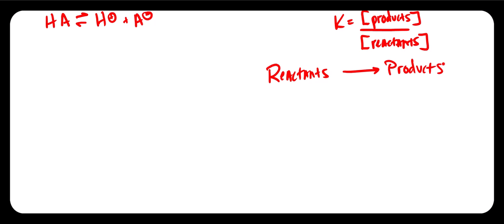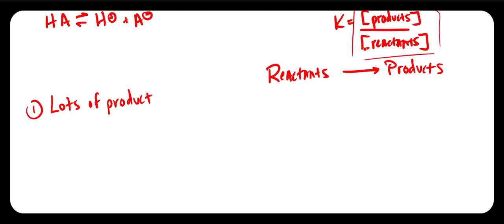So if we look at it, let's do two different things. Let's say case number one, I have lots of product. So what I'm going to have in this K, products over reactants, is K as a big number. So I have lots of product, a high concentration of product, over a small number, a low concentration of reactant.